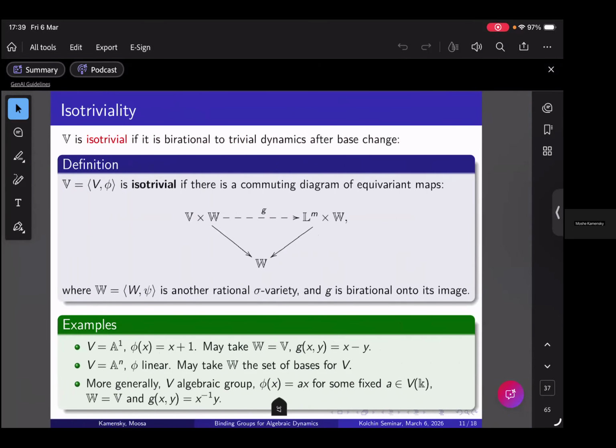You take V to be an algebraic group, and phi to be action by some fixed element A of this algebraic group, and then you can take W equal to V again. This is a generalization of both previous examples, but also, in some sense, the theorem says that this is essentially the most general example.